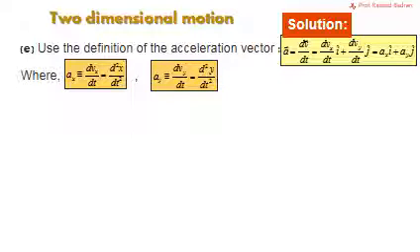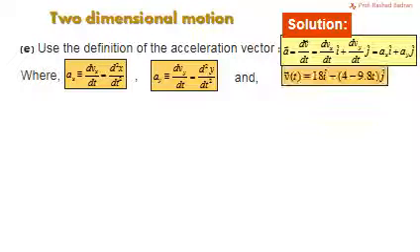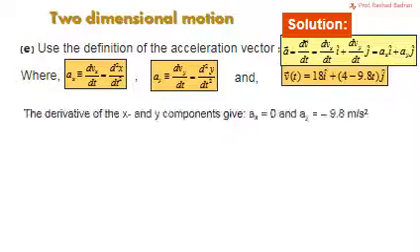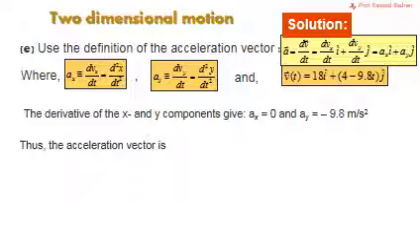Similarly, the y component can be obtained by taking the derivative of the y component of the velocity with respect to time, or the second derivative of the position vector with respect to time. This can also be obtained by taking right away the derivative of the velocity vector with respect to time from this equation, in order to get an answer for the acceleration vector.